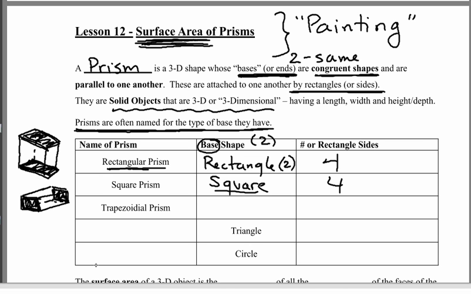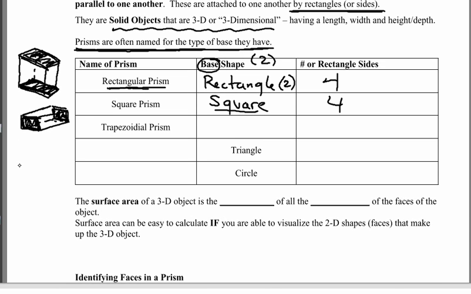Pause the video, take a minute, see if you can finish this chart. Trapezoidal prism. A little bit more complicated because you haven't done a lot of work in the past with trapezoids.